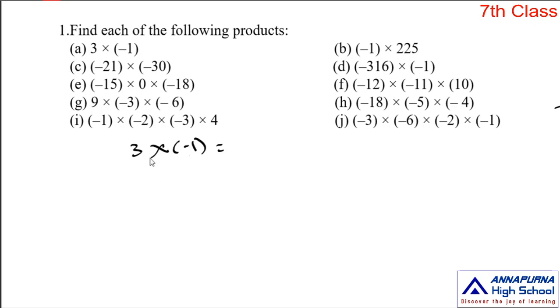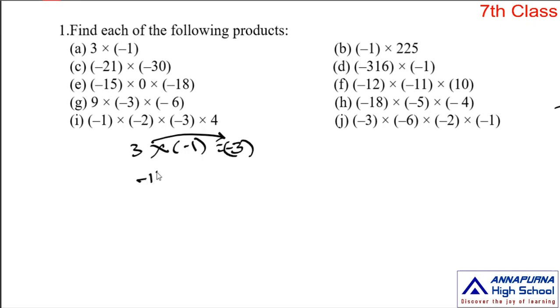When you multiply any integer by minus 1, we get the additive inverse. Generally 3 ones are 3, but here we are multiplying by minus 1, so we get the additive inverse of 3. What is the additive inverse of 3? Minus 3. So this is A.